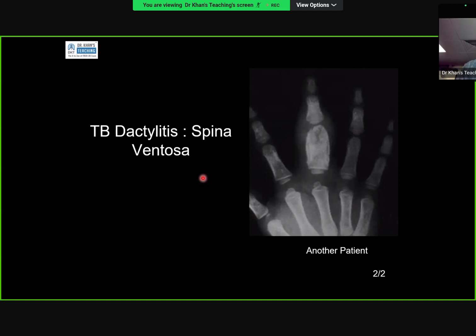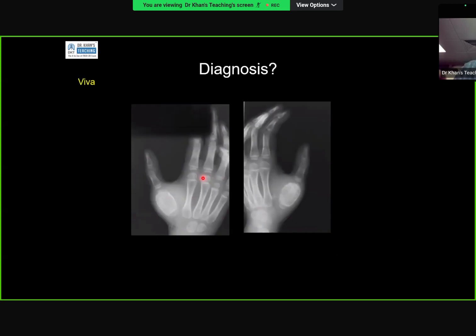Historically speaking, the word spina ventosa is a German word, meaning a short bone which is inflated with air. Interestingly, historically speaking, this is the first abnormal diagnosis which was made on an X-ray, by the way, in a child. X-ray of a child was spina ventosa.